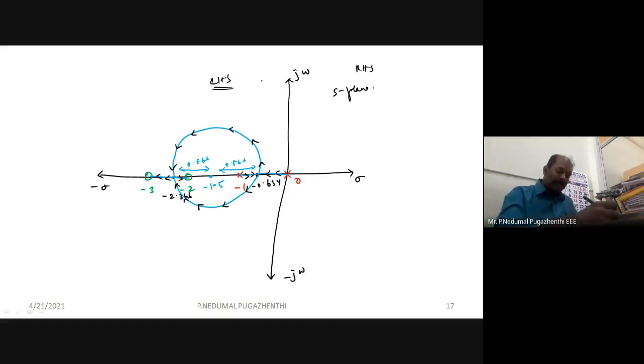So one comment I can provide is for smaller values of k. What are smaller values of k? From the available values, if k varies from 0 to 0.0718, it seems to be overdamped. And if it varies from 0.0718 to less than 14, it is going to be underdamped.